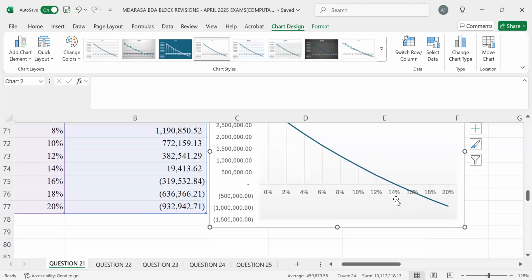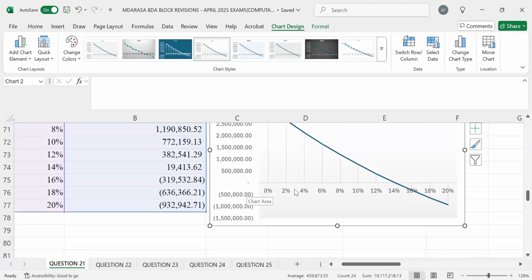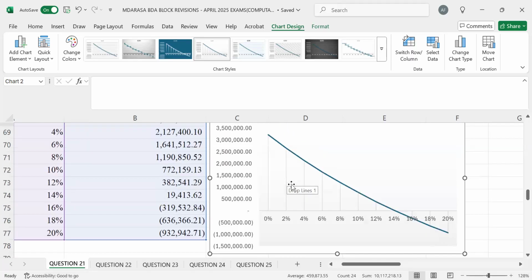So that at this point, we can literally show where our NPV is equal to 0, right? So it is somewhere in between here, 14 point something. See? Our 0 NPV is here.